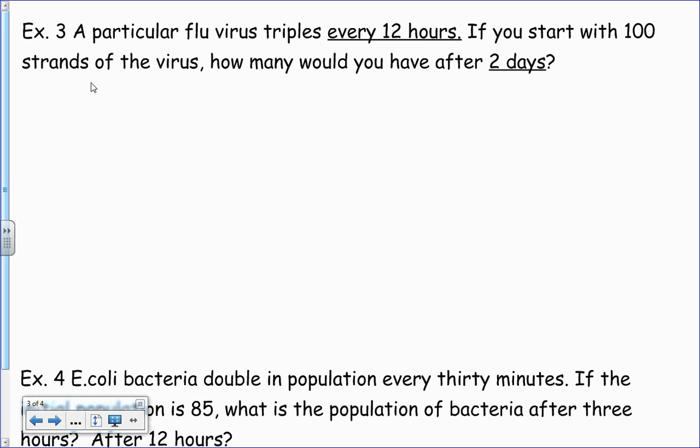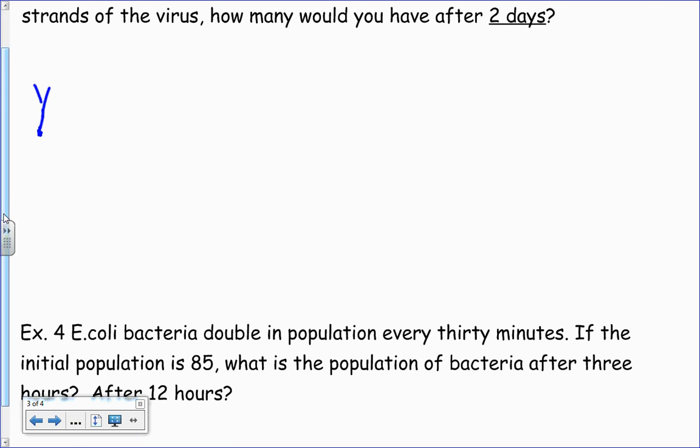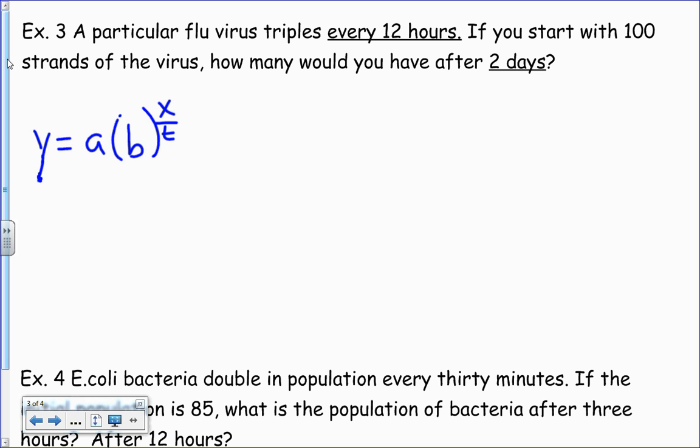So this is one where we are going to want to use the fraction exponent. Y equals a times b to the x over t. Again, x is the total time, and t is the time it takes to repeat. So this flu virus triples every 12 hours. So 12 hours is your t value.